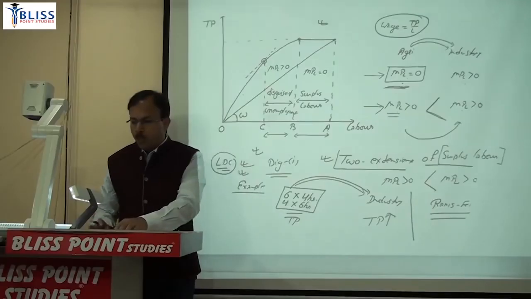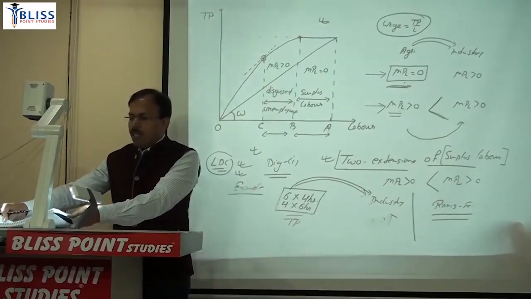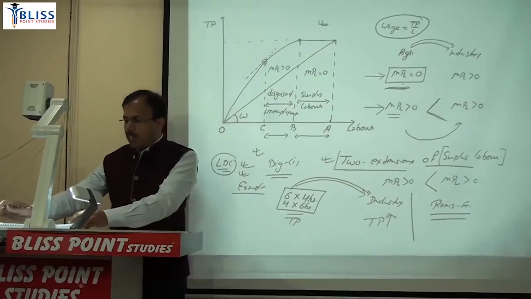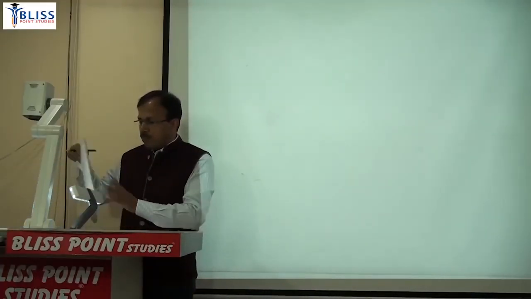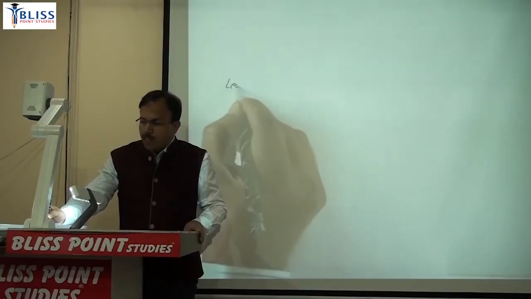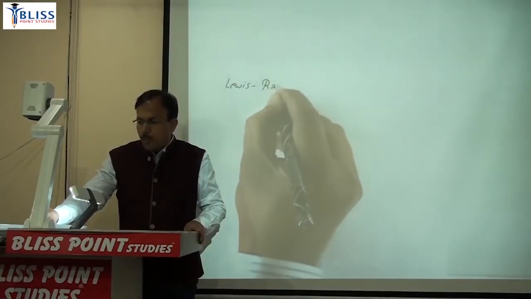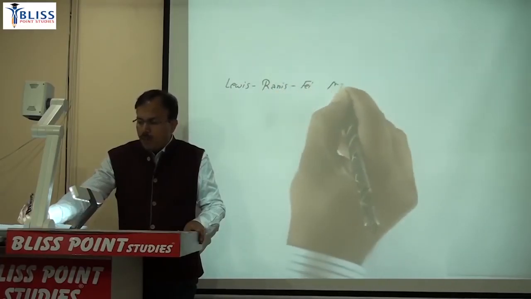But to begin with, I hope for the first class you can read the concept up to here from 10.2 if you have that reading. Otherwise you can also read directly from the material till this diagram number 1. But the process of this model will be explained further, using the Lewis, Rennes and Fay model.